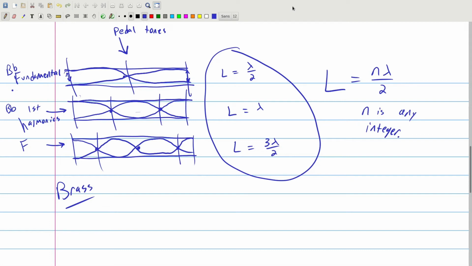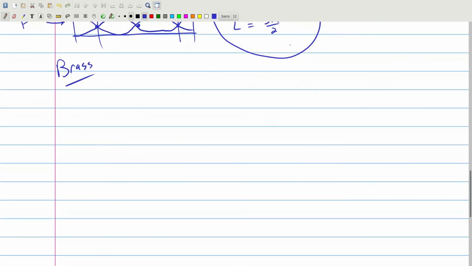So, let's see what happens in an example. What if you had something like this?